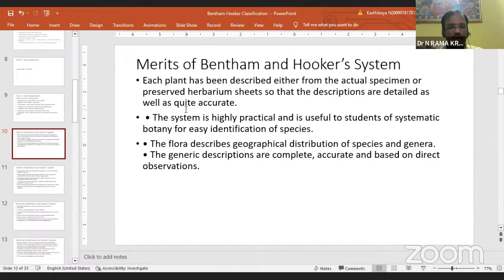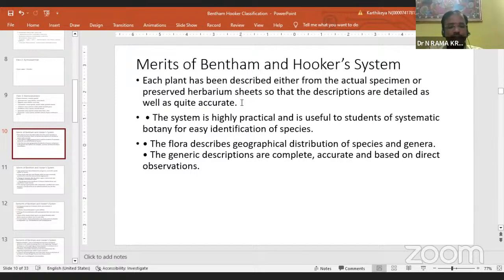First, this is totally natural classification. Each plant has been described either from actual specimens or preserved herbarium sheets, so that description or detail is quite accurate, a merit.